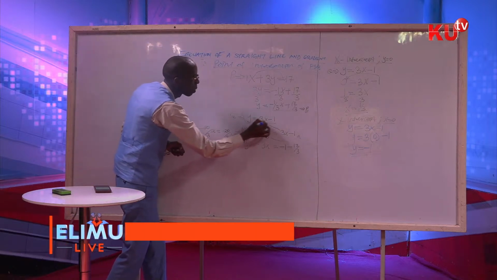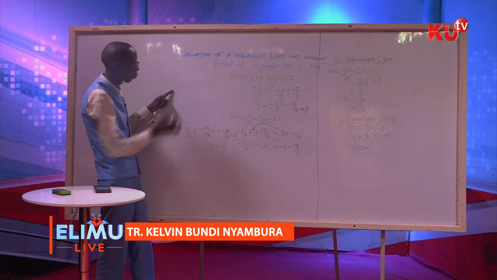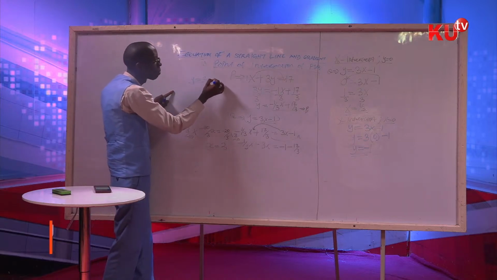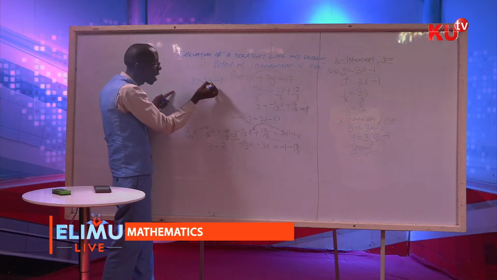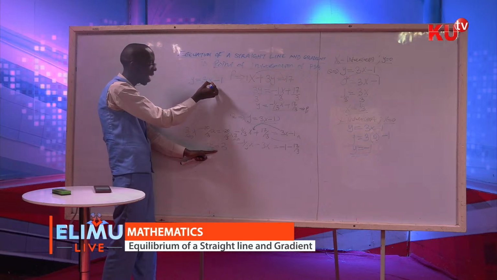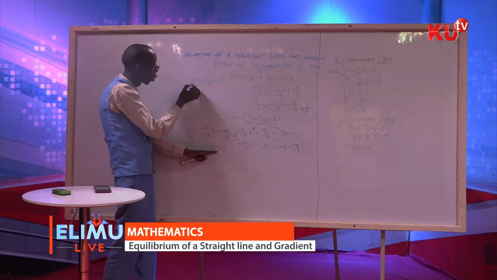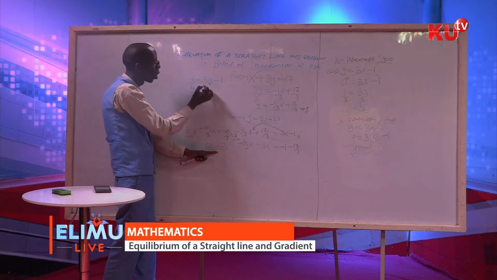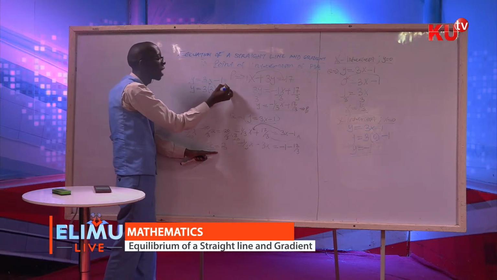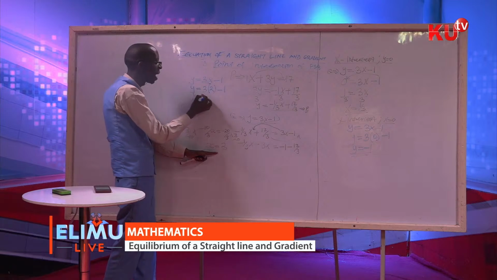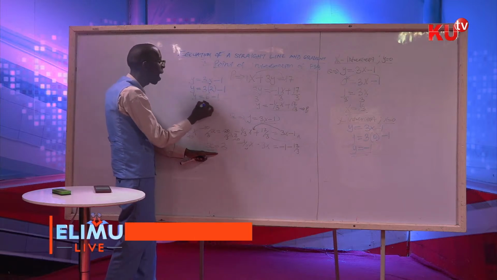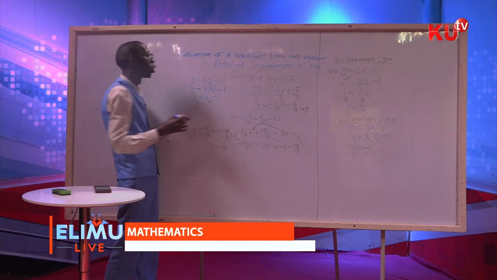I can pick equation Q, which is y is equal to 3x minus 1. Where we have x, we substitute with 2. So y is equal to 3 times 2 minus 1. y is equal to 6 minus 1, and y is equal to 5.